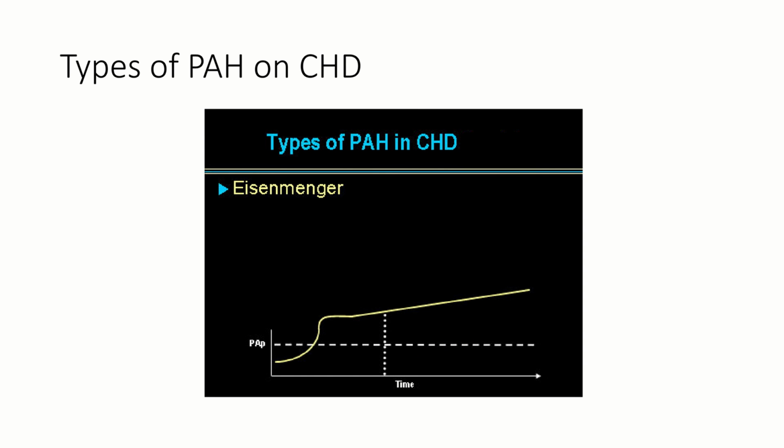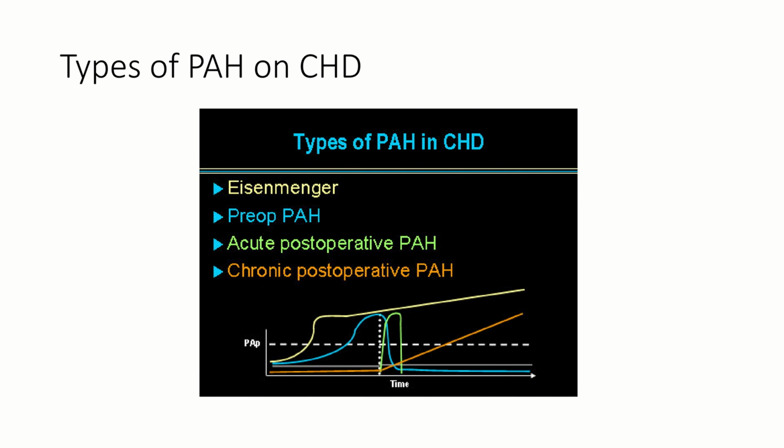And the fourth one is Eisenmenger. So we have 4 types of pulmonary arterial hypertension in congenital heart disease: preoperative, acute postoperative crisis, chronic progressive postoperative, and the last one is Eisenmenger as we defined it before.